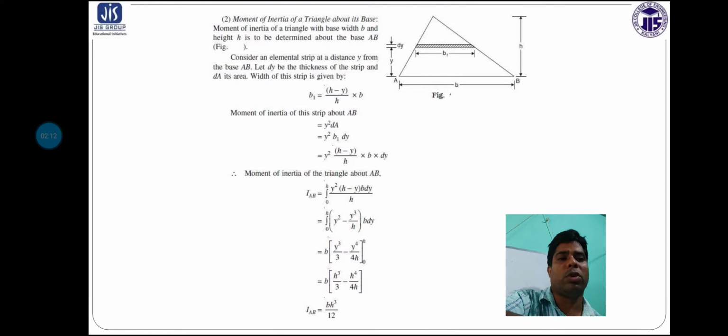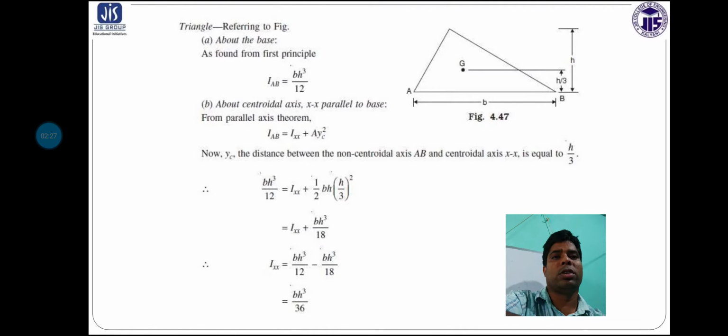So IAB is equal to integral from 0 to h of y squared (h minus y) by h into B dy. After putting all the values, we get IAB equal to BH cube by 12, which is the equation of the moment of inertia of a triangular section about the base.